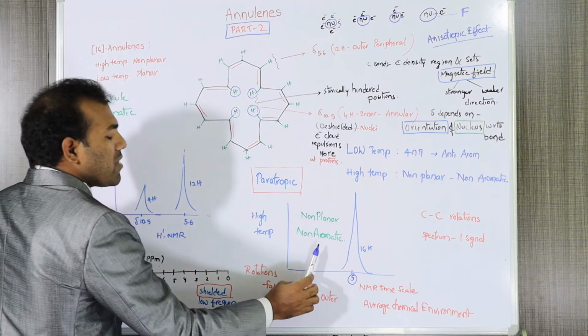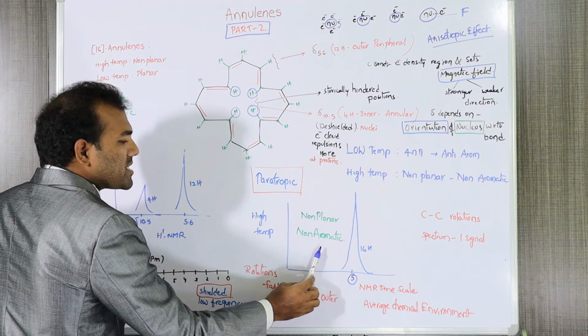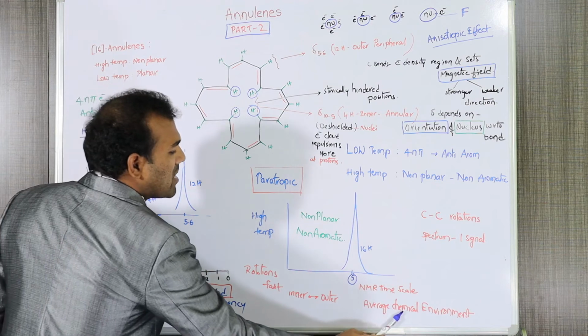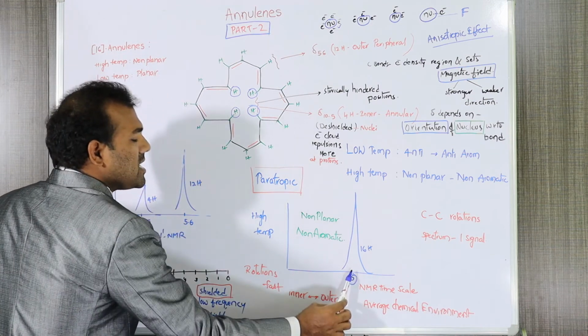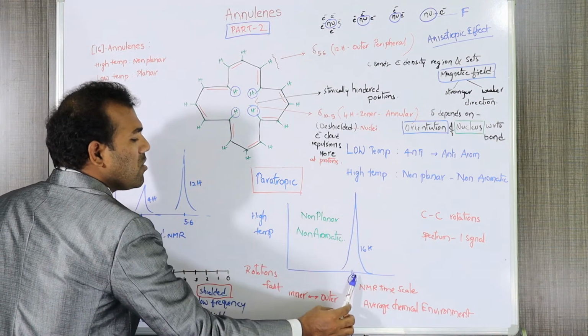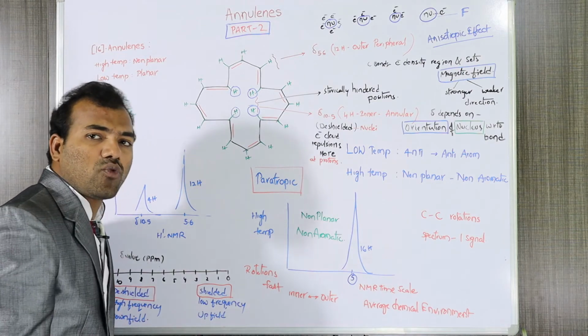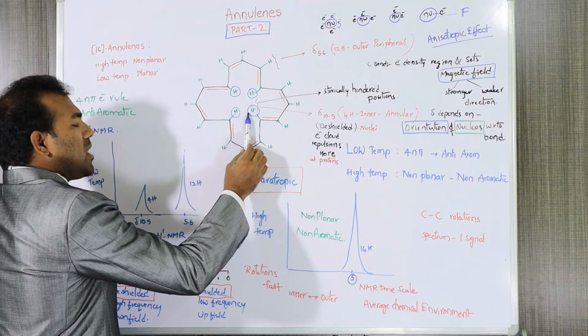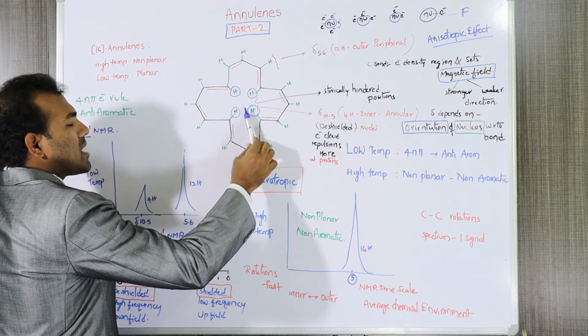But from the NMR spectroscopic studies, from the NMR time scale, the average chemical environment is at the same value, that is around 5 chemical shift value. Why is this? Because these 4 hydrogen atoms are coming outside.